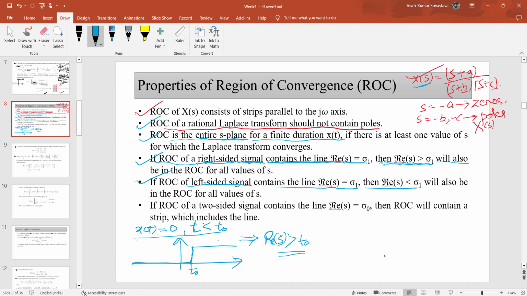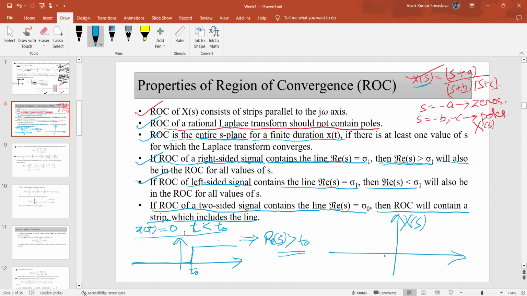Whereas the last property states the ROC of a two-sided signal, like the question asked by one of the listeners: suppose we have a signal composed of a summation of two signals. For that kind of signal, the ROC is defined as strips.